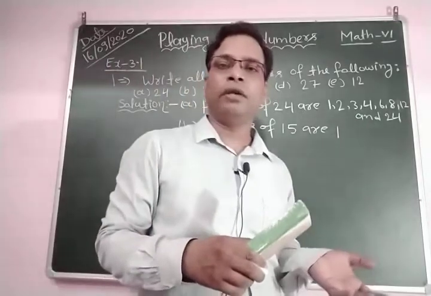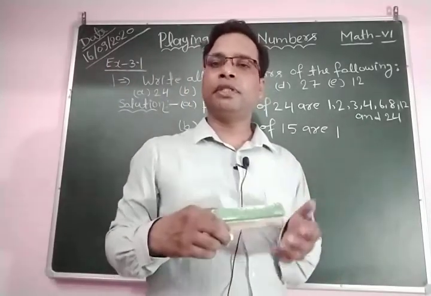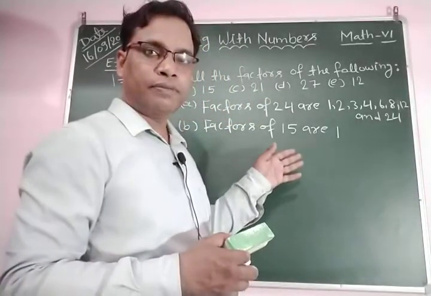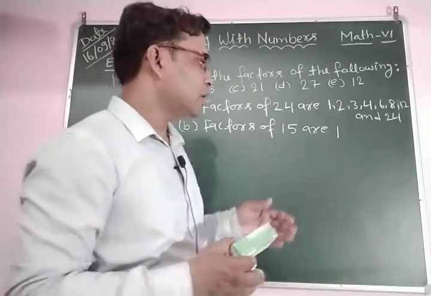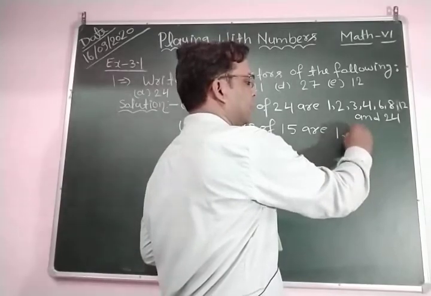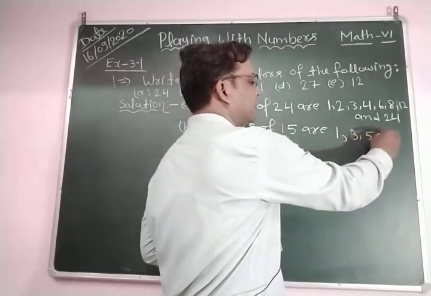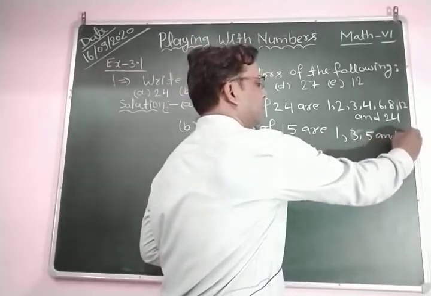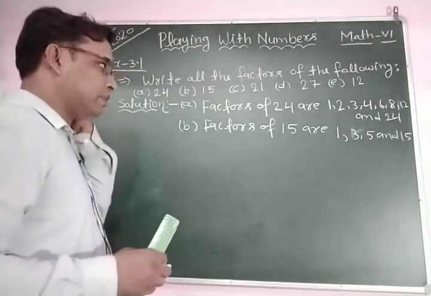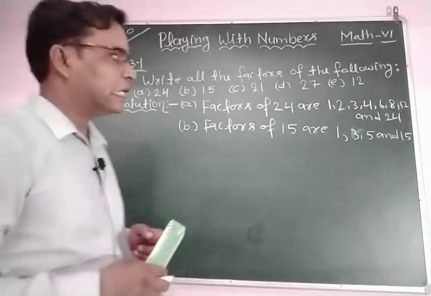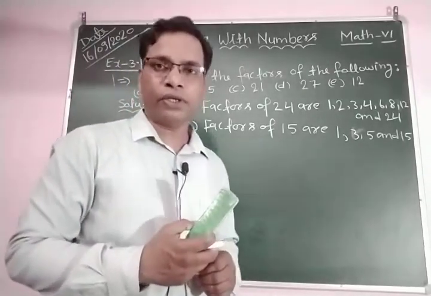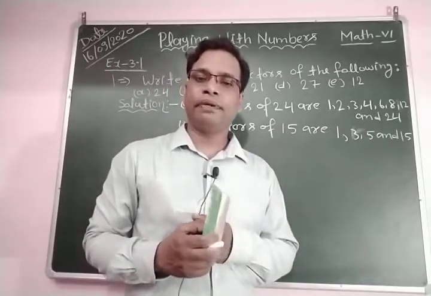So 1 divides 15, 3 divides 15, 5 also divides 15, and 15 itself divides 15. So in this way the factors of 15 are 1, 3, 5 and 15. Students, I hope all of you understood how to find the factors of 15.